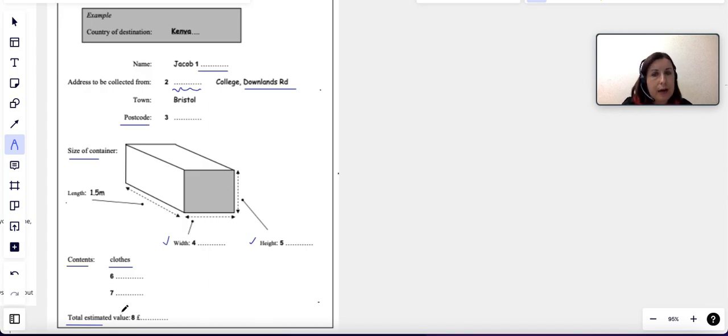The frequent trap is mentioning the value of clothes separately, and of the other items as well, but here we are looking for a total estimated value.